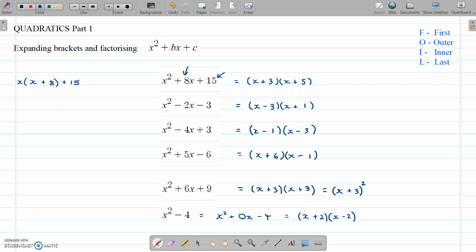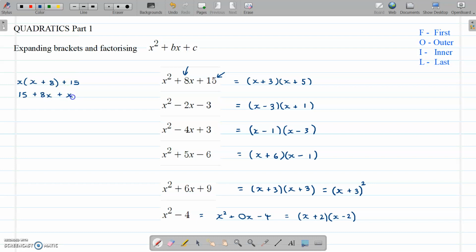There are other ways you could rearrange it. It could be written as simple as something like 15 plus 8x plus x squared.